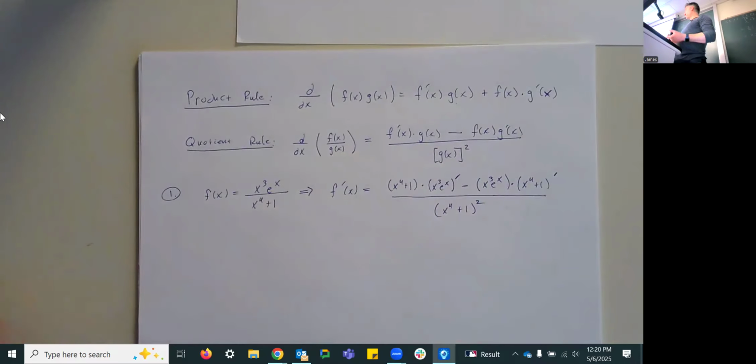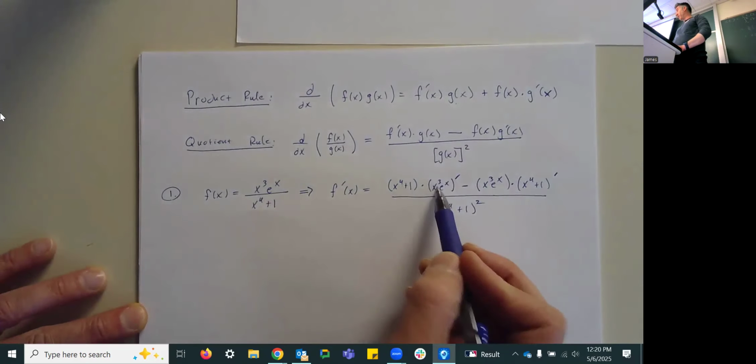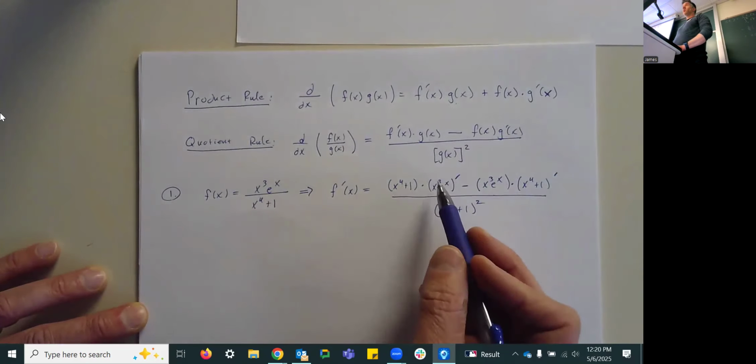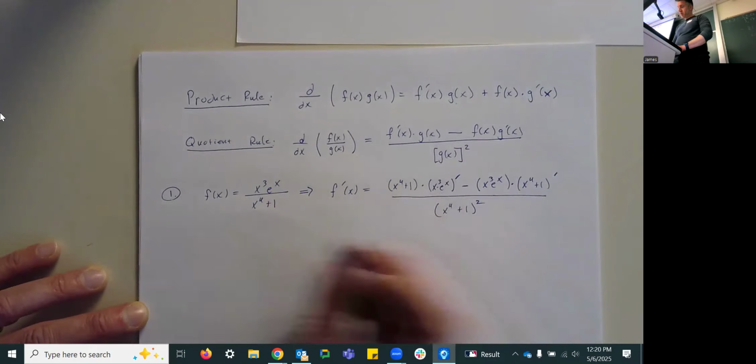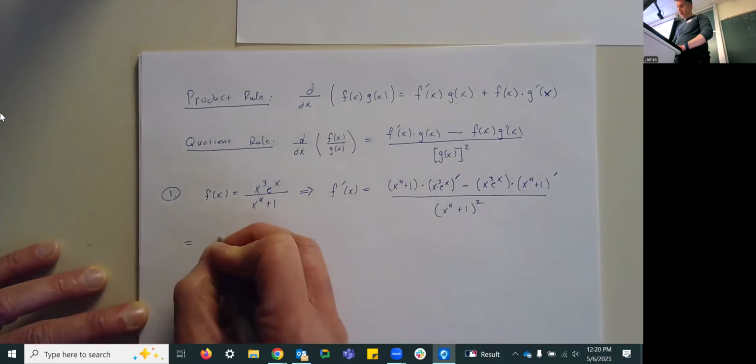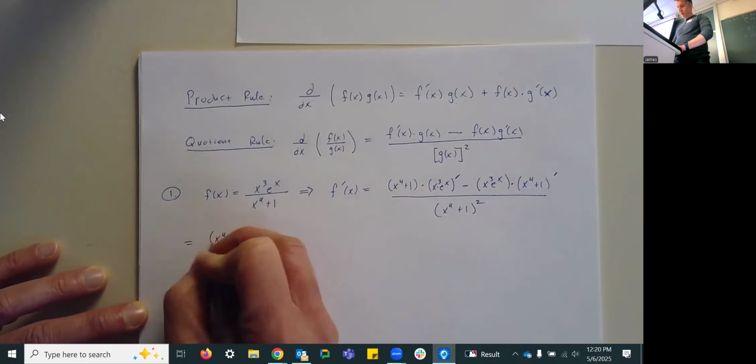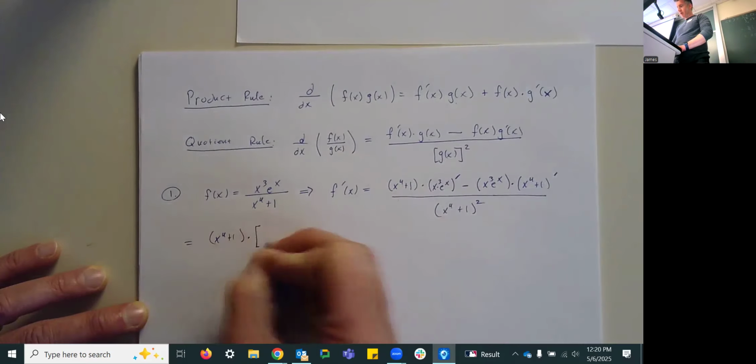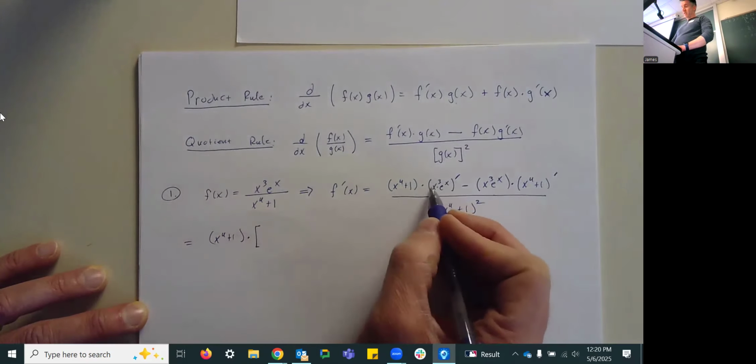But now we actually have to take those derivatives that are written in there, right? It's the bottom times the derivative of the top part. Well, now we need to find the derivative of the top part using the product rule. So writing this out further, we have x to the 4th plus 1 multiplied by the derivative of the product of x cubed times e to the x.